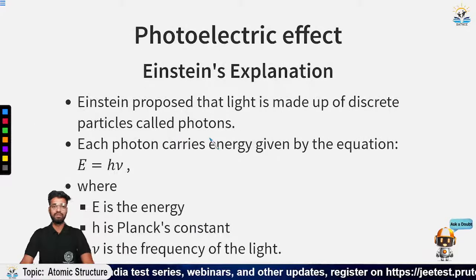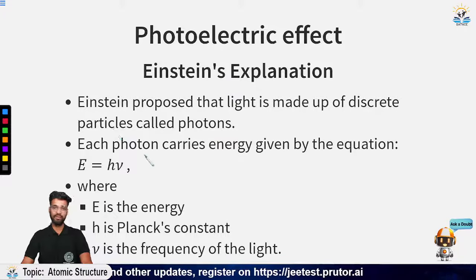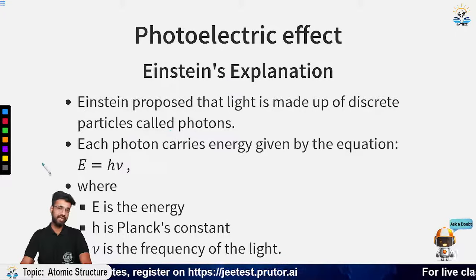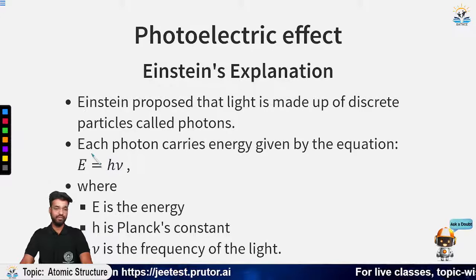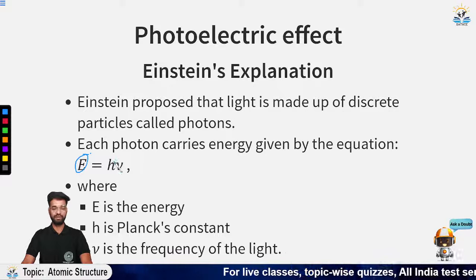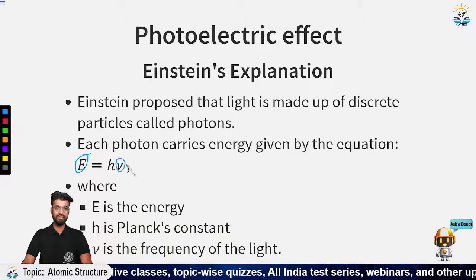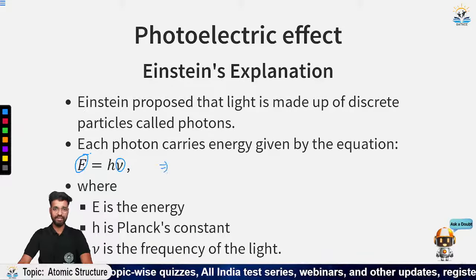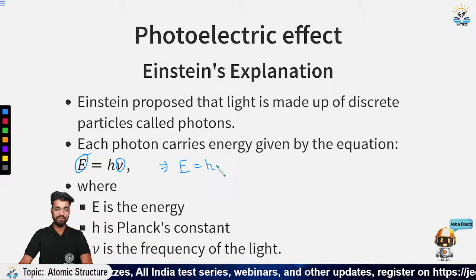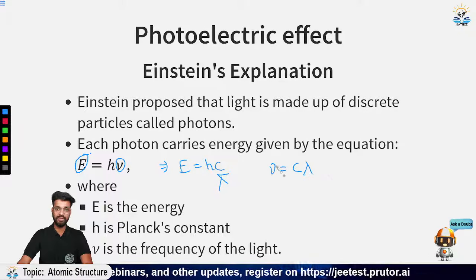Next, Einstein proposed the photon theory to explain this phenomenon. He said that there is an energy associated with a photon, and it is E equals h nu, where nu is the frequency of light. We can also write E equals h c by lambda, as nu equals c by lambda.